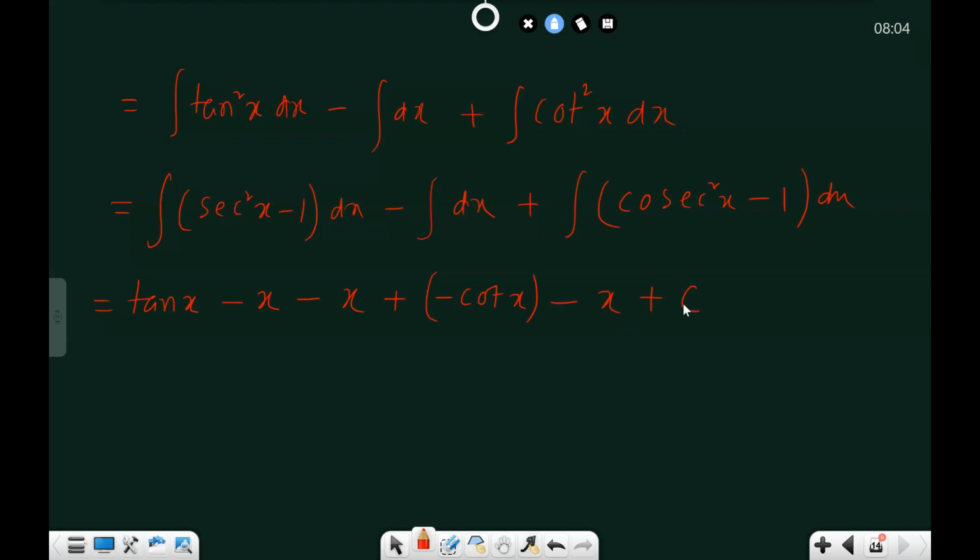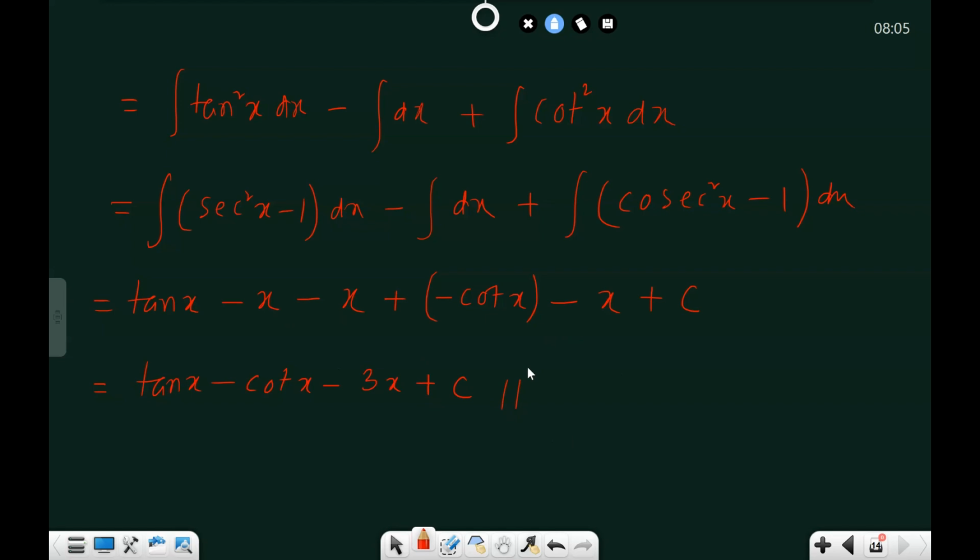Integration completed, so plus c is equal to tan x remaining same, then minus cot x is here, and minus x minus x minus x, so minus 3x, and plus constant of integration c. Now you may leave the answer here.